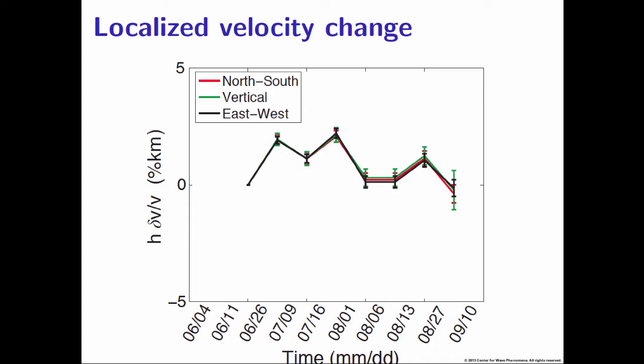But the good thing about this is that, because we have a better understanding of how the velocity changes vary with distance, we now have a better description of the error associated with these estimated velocity changes. But the flip side is that we cannot now extract just the magnitude of the velocity change, but we only have control on these two parameters, which are the volume of the change and the magnitude of the velocity change.